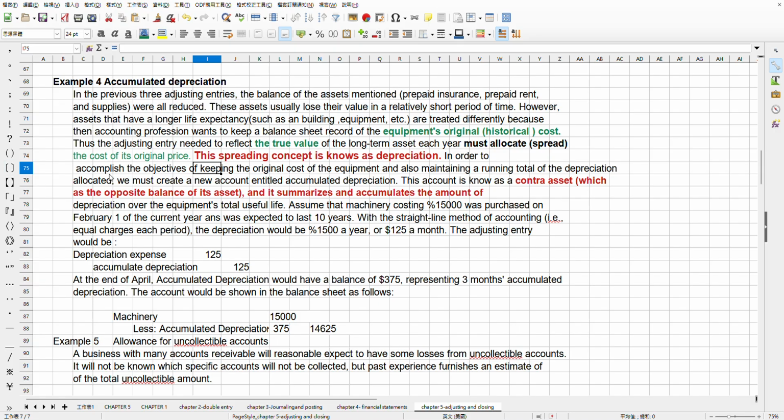In order to accomplish the objectives of keeping the original cost of equipment and also maintaining a running total of depreciation allocated, we must create a new account entitled accumulated depreciation. The account is known as a contra asset, as it is the opposite of the balance of its asset, and it summarizes and accumulates the amounts of depreciation over the equipment's total useful life.